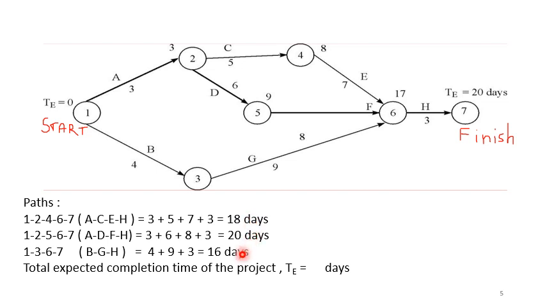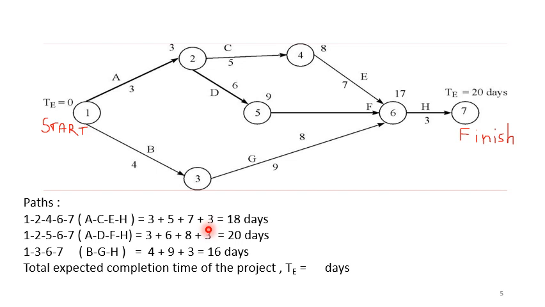Now we have defined critical path as the minimum project completion time. Looking at the network diagram, also considering the fact that a project can be complete only when all activities are completed, your critical path will be that particular path from start to finish which is maximum.